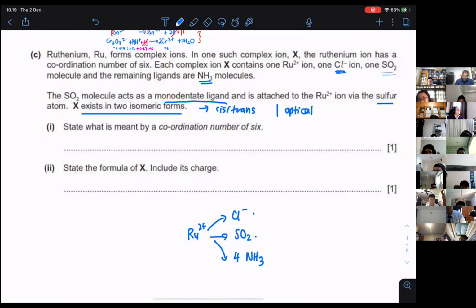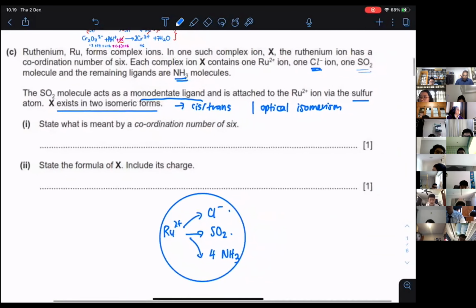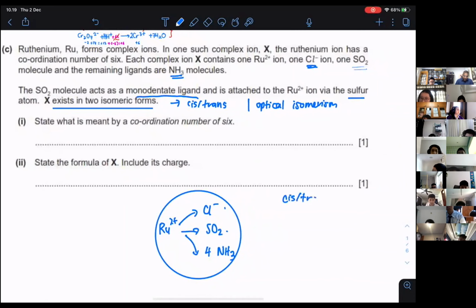Now we need to decide whether this complex is going to form cis and trans, or is it going to be optical isomerism? So this one, let's ask the opinion. Let's actually ask Thompson. Thompson, what do you think? Is it going to form cis and trans or optical isomerism? Do not refer to the marking key.